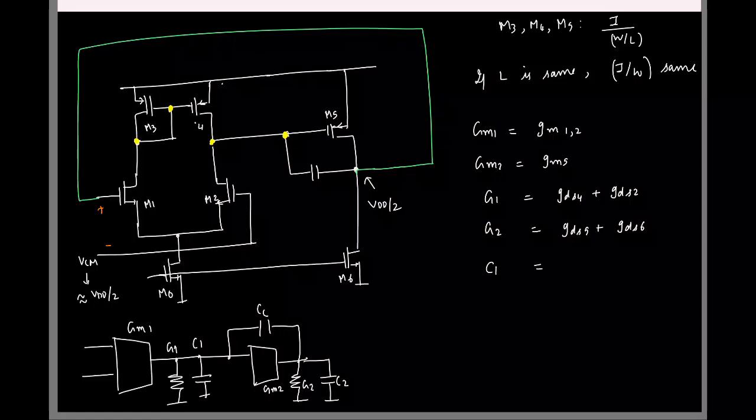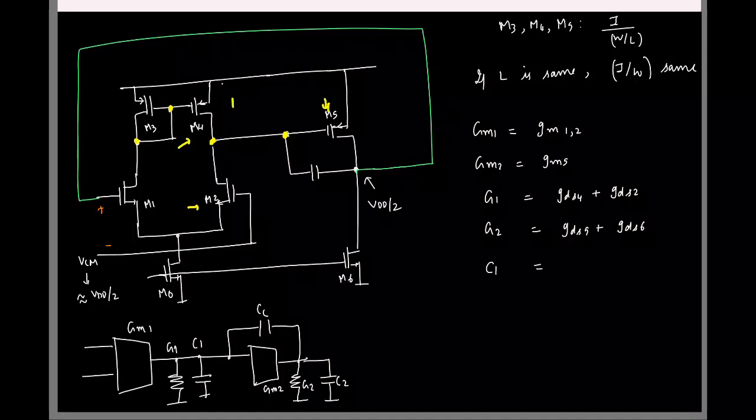What about C1? C1 is the capacitance at this node. What all parasitic capacitors will be present at this node? Which transistors will contribute? 4, 2 and 5, right?